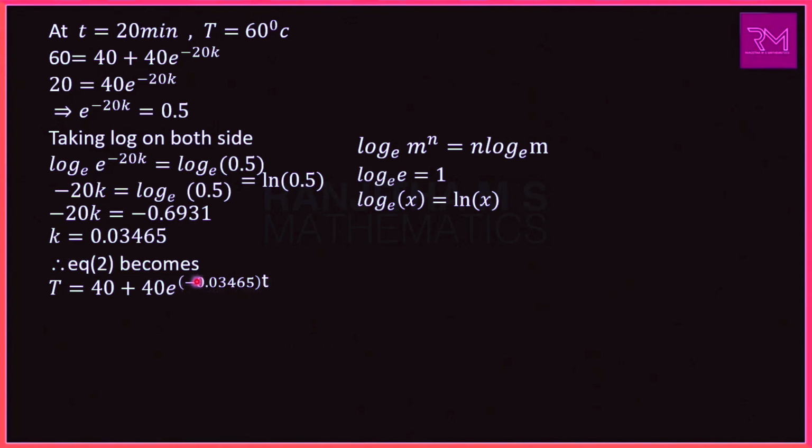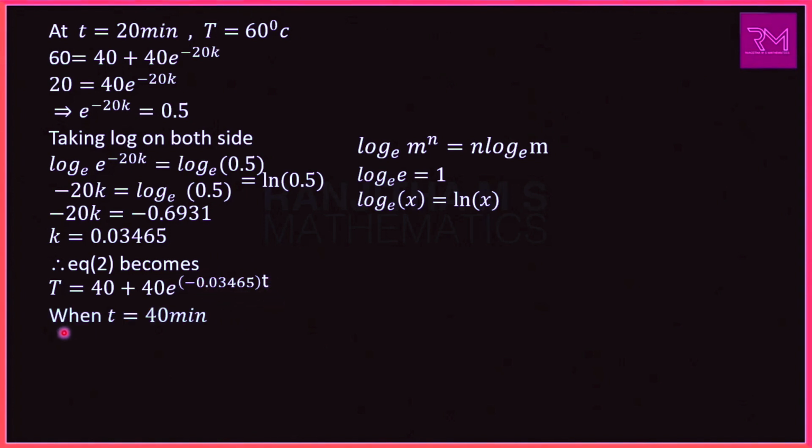Here we have to write the positive or negative sign carefully. That is, T is equal to 40 plus 40 into exponential power of minus kt, where the k value is 0.03465.